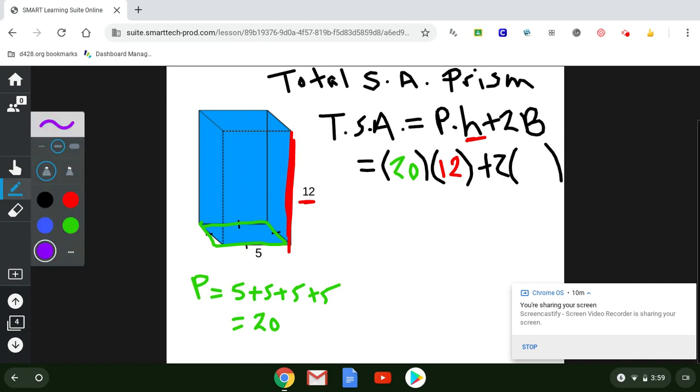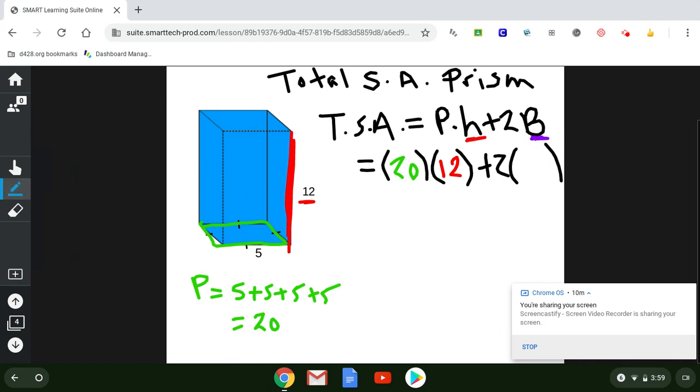And then I need the area of the bases. So I look at one base at a time. My base is a square. It has 5 and 5. The area of the bases is going to be base times height since it's a square. The base of the square is 5 times the height of the square is 5, not 12. Remember here when you're looking at the capital B, you're focusing on the base and nothing else.